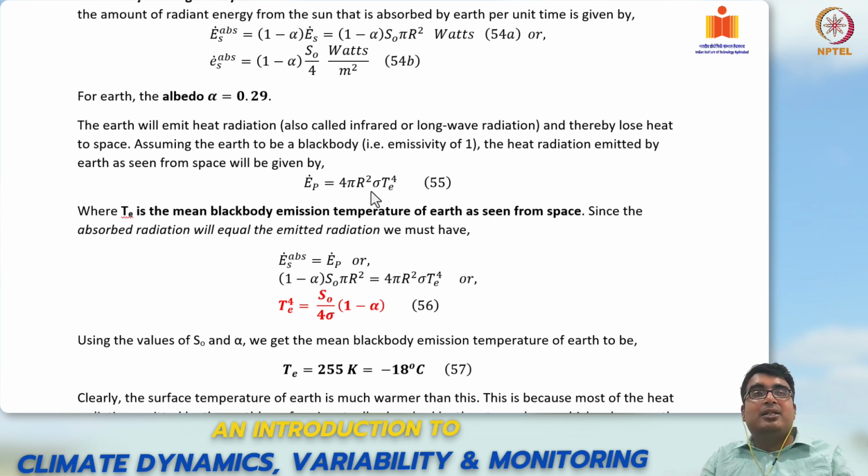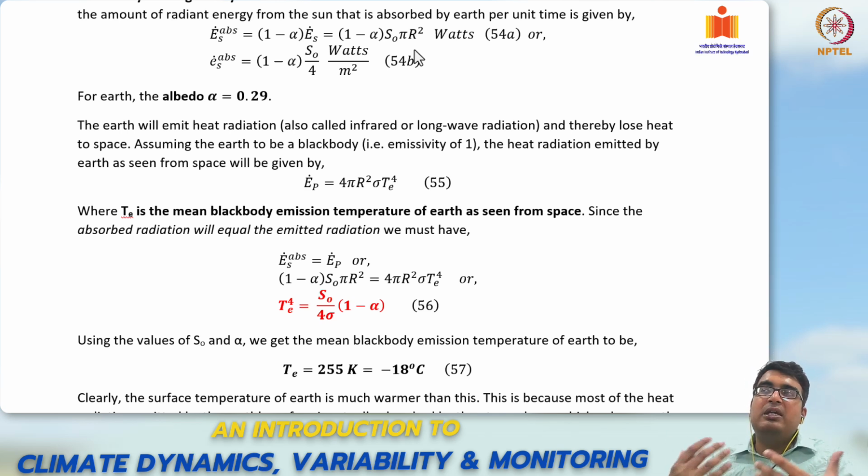R can be the radius of Earth or the radius of Mercury or the radius of Venus, correct? Similarly, S0 can be evaluated for each of these different planets based on how far that planet is from the Sun. Clearly, S0 for Earth is 1360, but S0 for Venus will be something different. S0 for Mars will be something different.